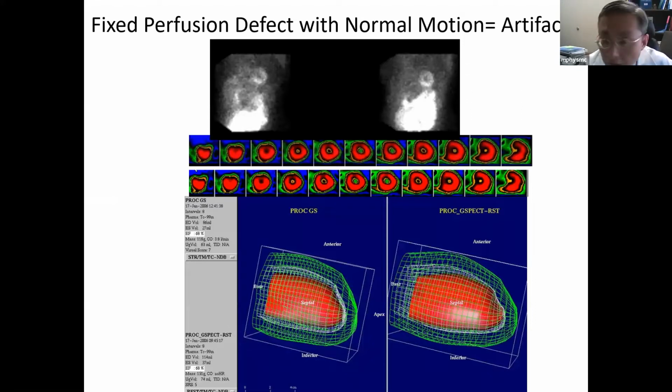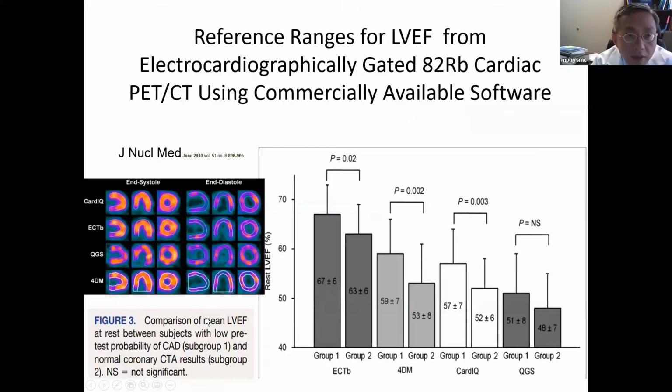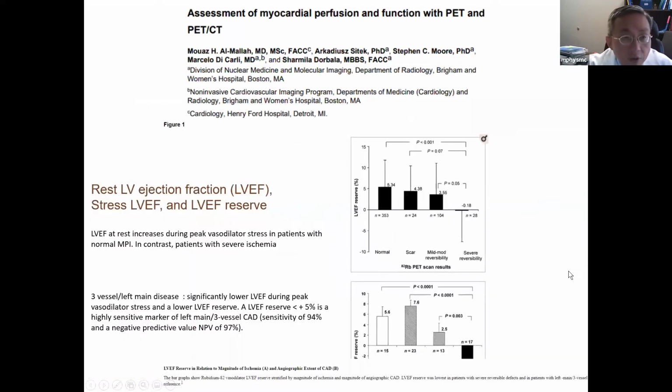And we see that every day. If you have a fixed defect and you have normal motion, that's most likely an artifact. And this is again a study showing the reference range for EF for different software, which give you different ejection fractions.